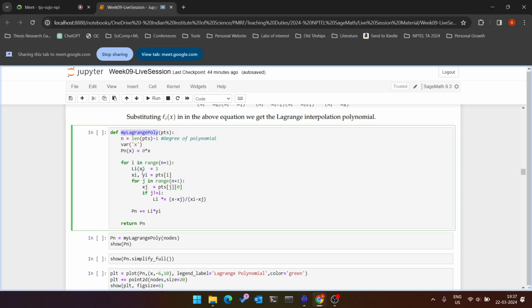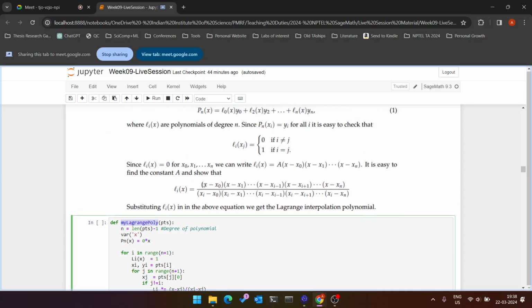We specify Li of x is equal to 1, xi comma yi is equal to the ith point itself. And then for j also going through all the points, we specify only the xj. Then we check if j doesn't equal i. If j doesn't equal i, then we'll multiply my Li polynomial with x minus xj upon xi minus xj. So basically, each of these terms, one at a time, excluding the term i equal to j.